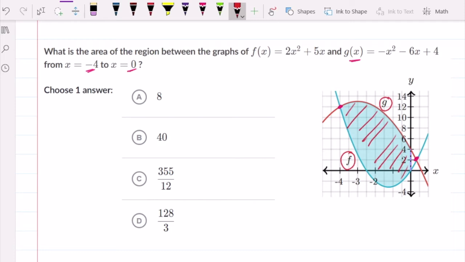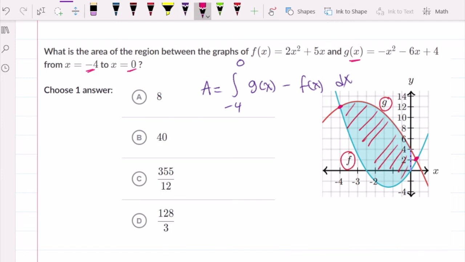So directly we can say that the area will be equal to the integral from -4 up to 0 of g of x minus f of x dx.